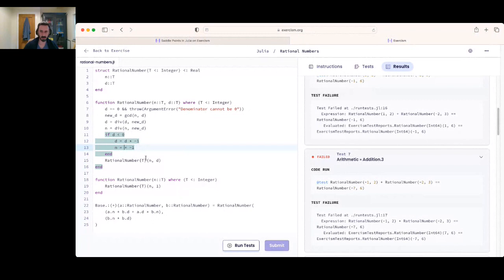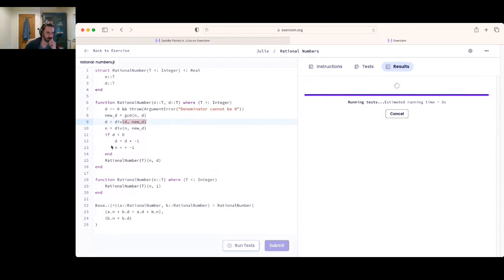So I'm just going to do that and just see if that fixes it. D is d over d, n is n over d. I wonder if that's potentially messing it up as well, dividing it by itself, if itself is negative. Maybe. Let's try it again.